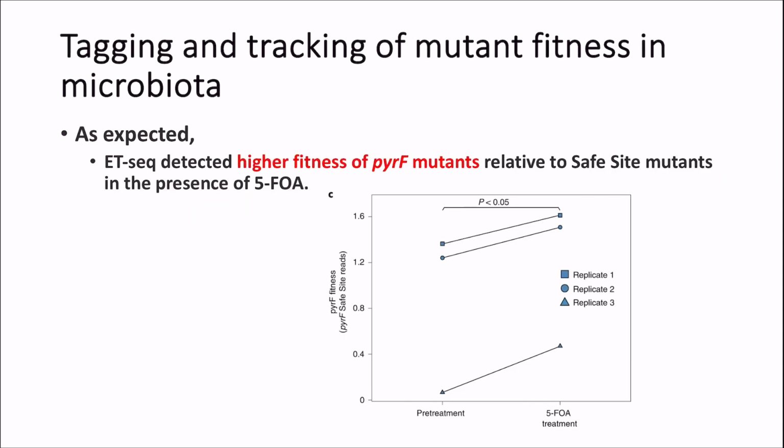ET-seq detected higher fitness of PYRF mutants relative to safe-site mutants in the presence of 5-FOA. The combined efficiency of VC DART editing and ET-seq detection is thus able to analyze gene fitness and function directly in a microbial community without disturbance caused by traditional mutant selection requirements.